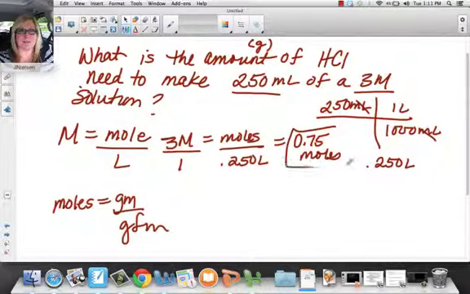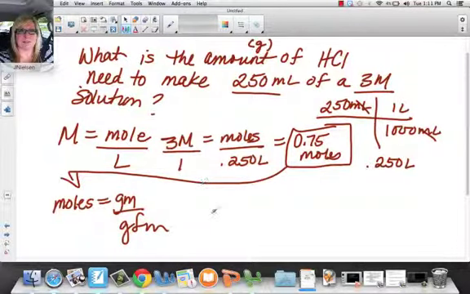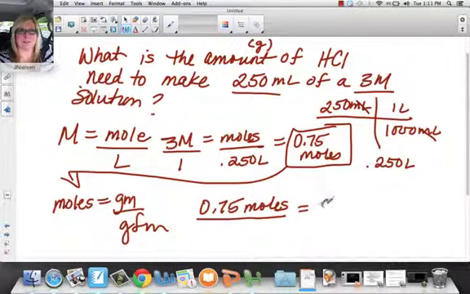I need grams. So now I've got to go down to this formula, 0.75 moles. And I don't know the given mass, but I can calculate the GFM of HCl.